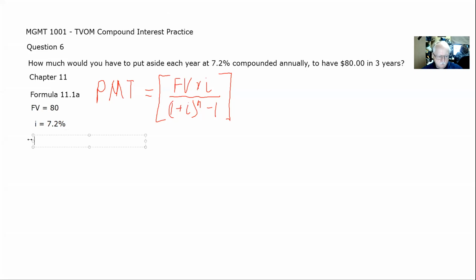And we know the number of compounding periods, n equals 3. So keep those in mind. And then let's take a look at how we'd have to calculate this.